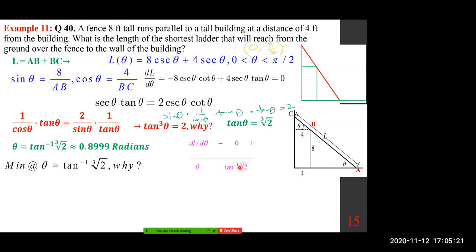If you pick a number to the left and right, by the way, they do alternate, you can check it. To the left, I hope you see that cube root of 2 is, just as an example, larger than 1, okay? And 1 gives you what? 45 degrees. So if you plug in 45 degrees here, minus 8 cosecant of 45 degrees, cotangent of 45 degrees, and so forth. I hope you remember that for 45 degrees, tangent and cotangent are 1.